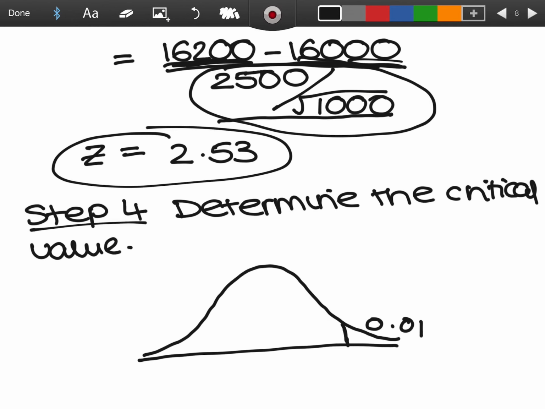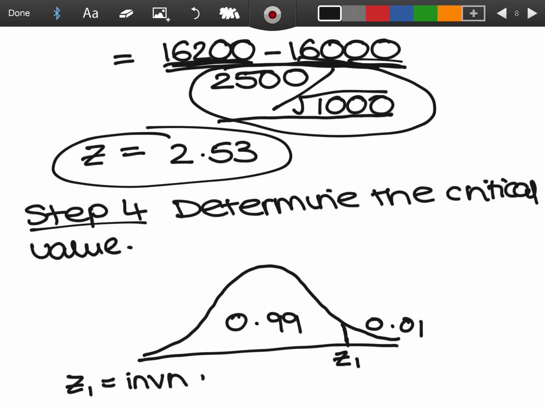We reject the 1% that's on the right, which means that we want to fail to reject the null hypothesis 99% of the time. So the question is, what is this critical value? We'll call it Z1. Calculate it the exact same way as you normally would.